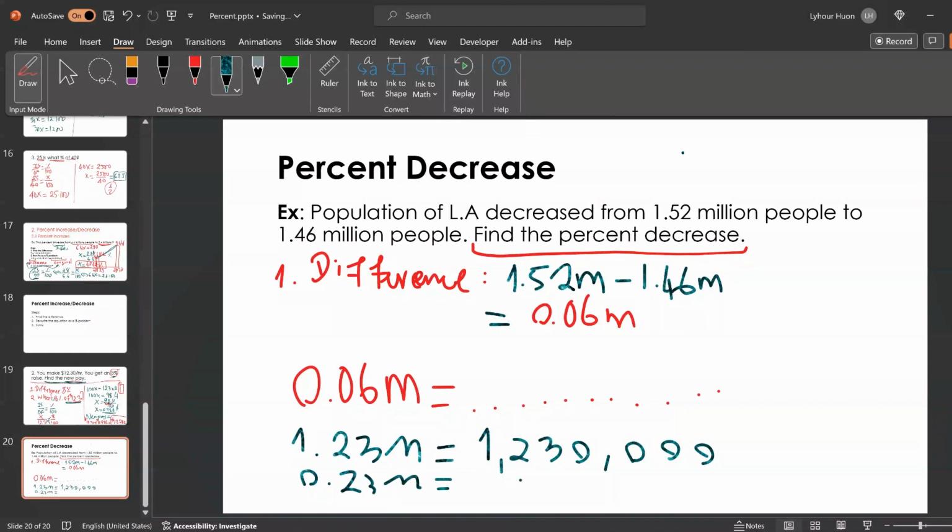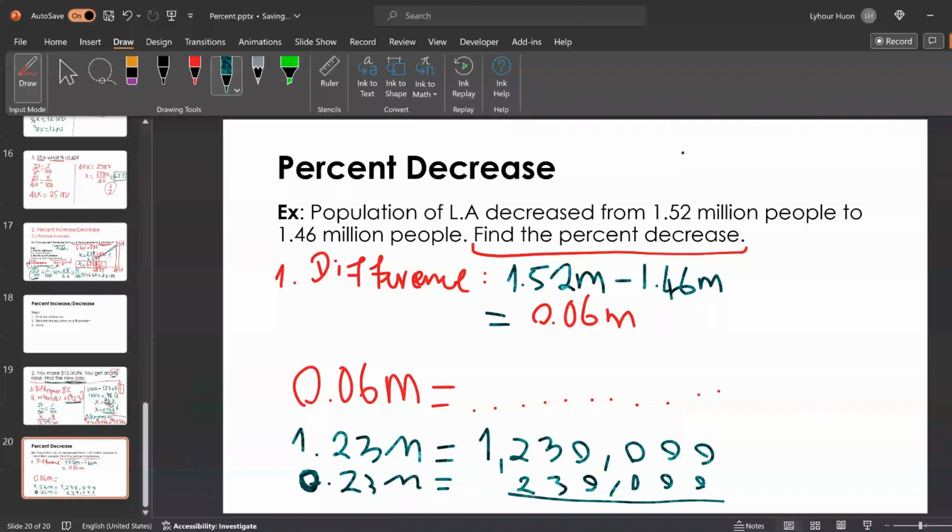It's 230,000, because the million part is zero. 0 million means nothing, so it's 230,000.